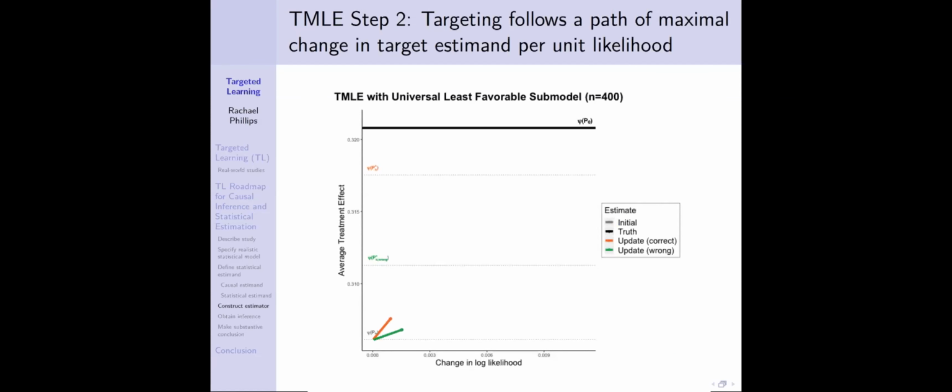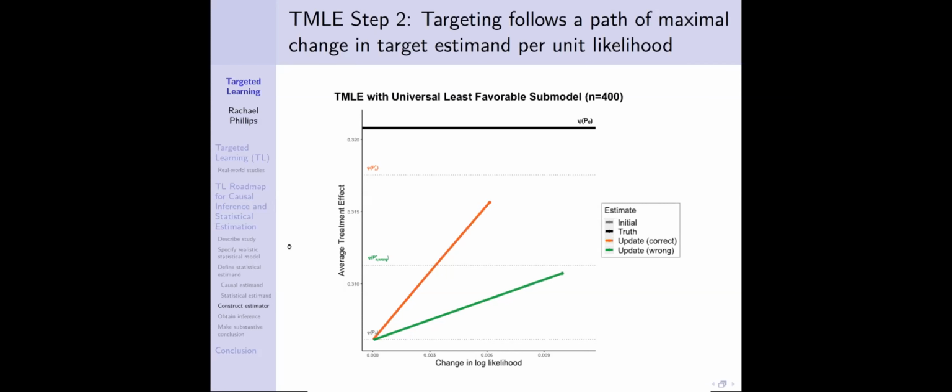Okay, so here we have a visual showing how targeting follows a maximum change in target estimand per unit likelihood. What this is showing is this orange line here, which is the targeted estimate of the parameter, and how it's changing the target parameter with respect to solving the average treatment effect in this example.